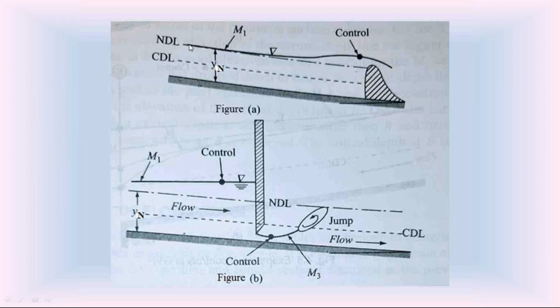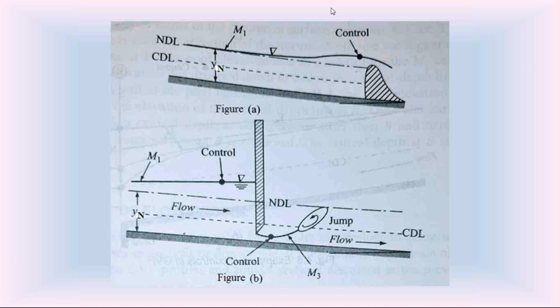Here this is the M1 water surface profile. It is passing over the weir. By knowing this depth of flow at this weir, this is H, I can calculate the discharge of water flow over the weir. If this weir is a rectangular weir, and H is the depth of flow at this point, then the discharge Q is equal to 2/3 Cd L root 2g H power 3/2.